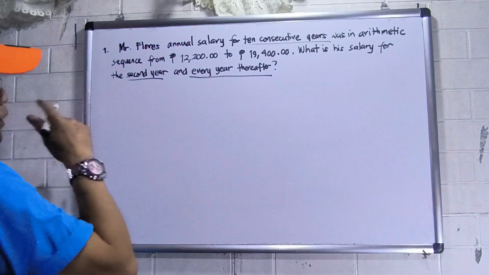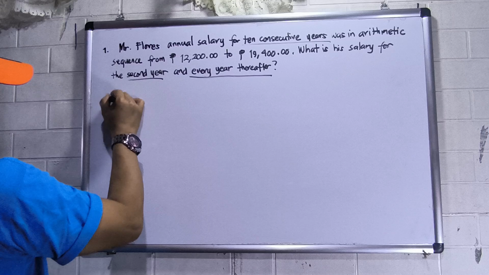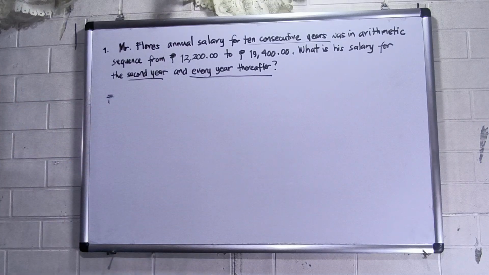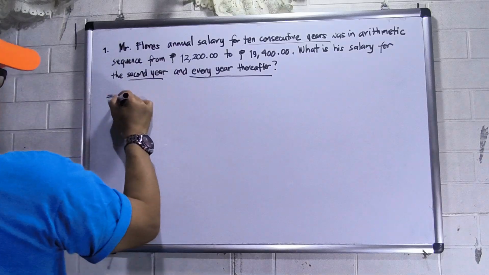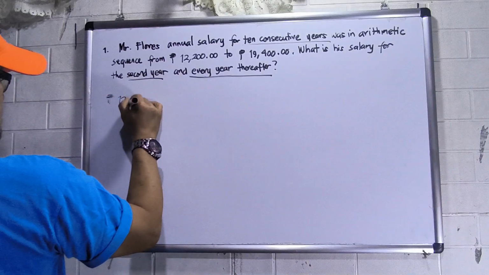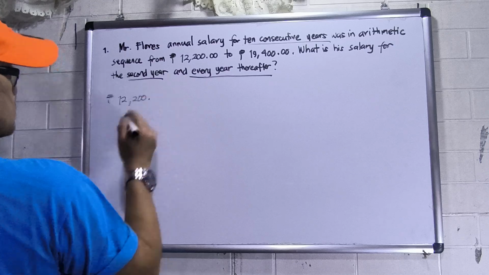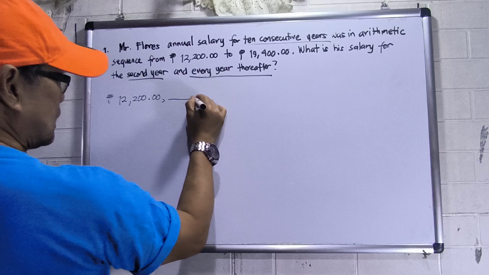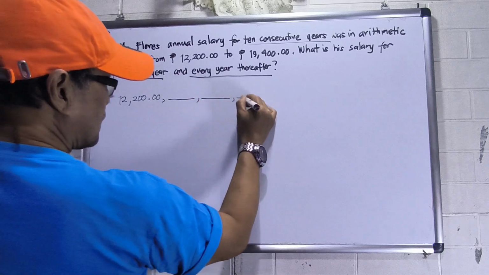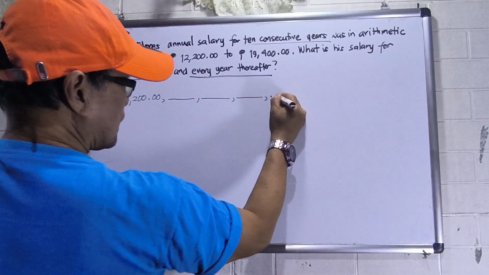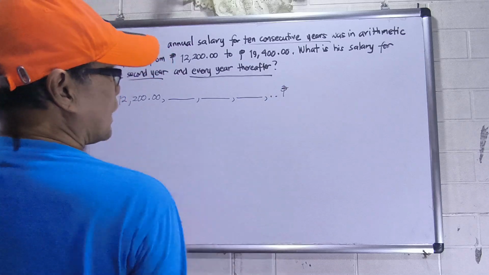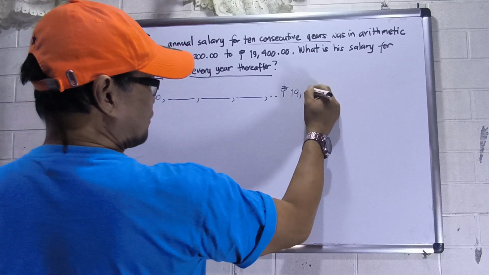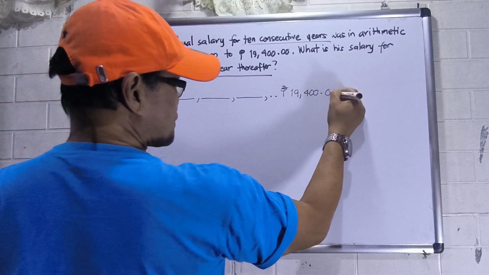Okay? So, in this case, our first is 12,200 pesos, and then 10 years, this is 19,400 pesos.